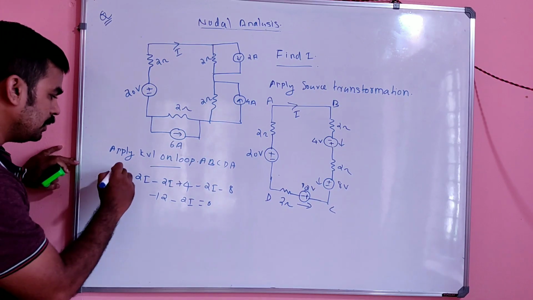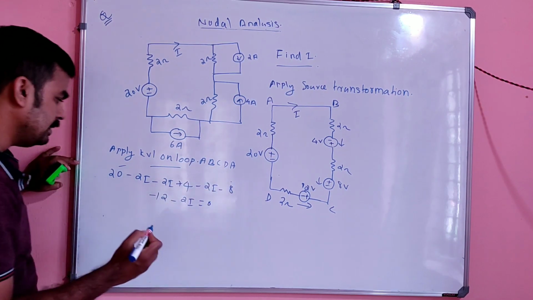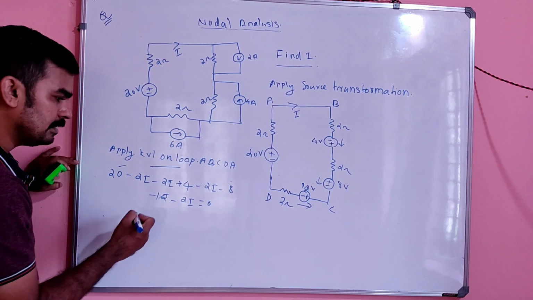So solving this, 20 minus 8 is 12, 12 minus 12 is nothing but 0.